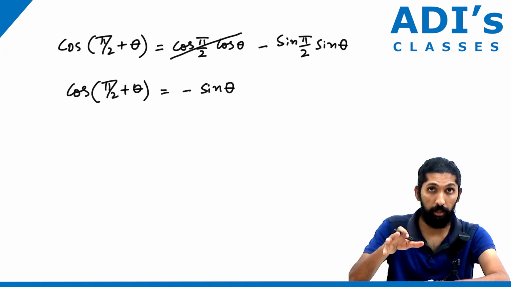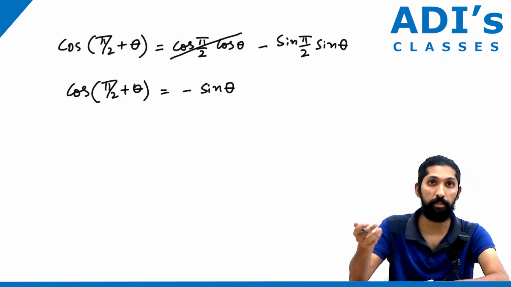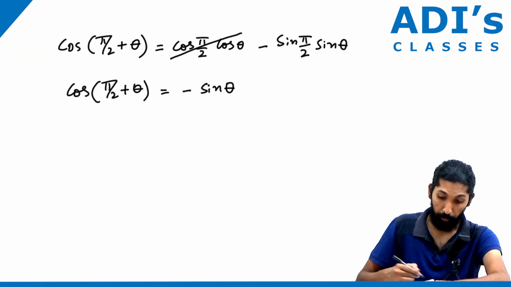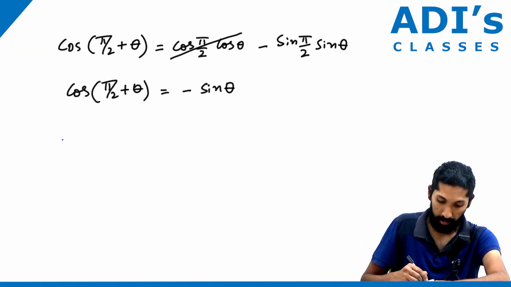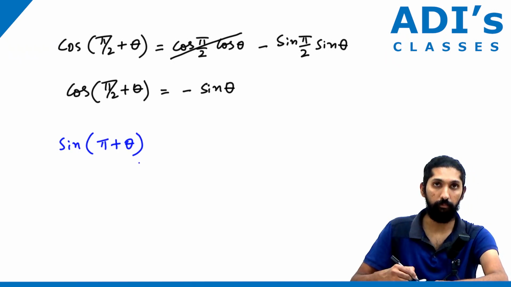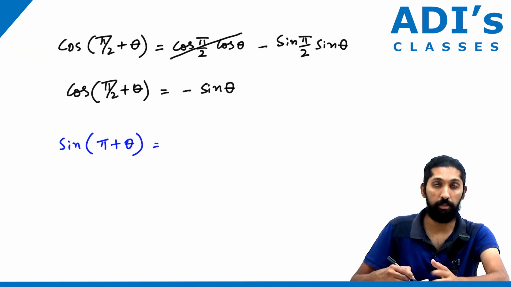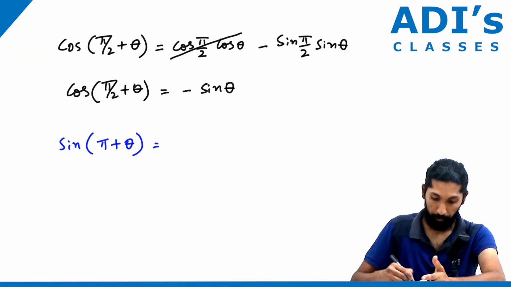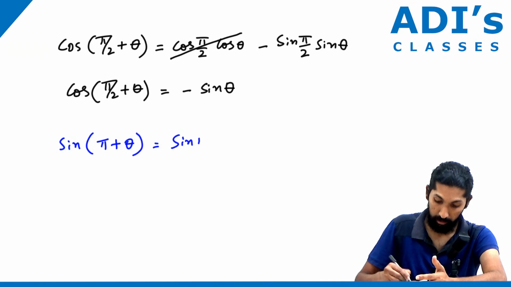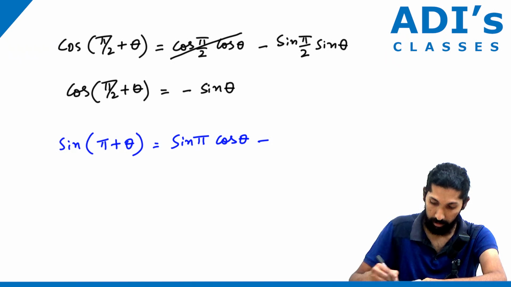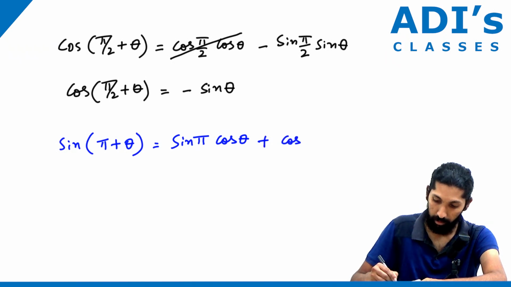Let's do the same thing for pi, pi plus or 2 pi minus. Okay. Suppose you have sine of pi plus theta, third quadrant. Sine of x plus y is what? Sine x cos y plus cos x sine y. So we get sine pi cos theta plus cos pi into sine theta.